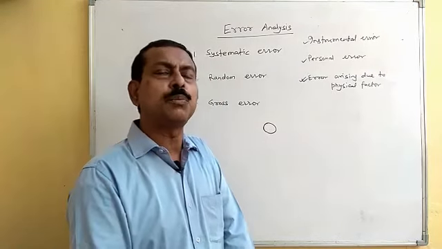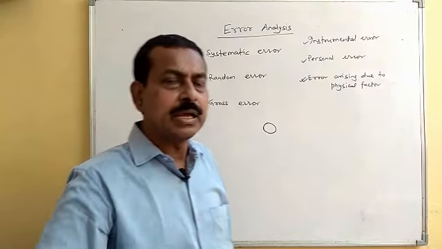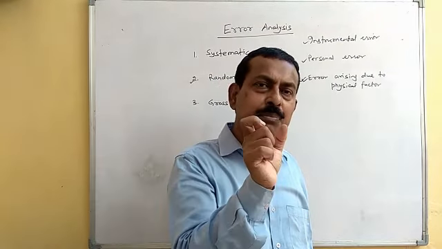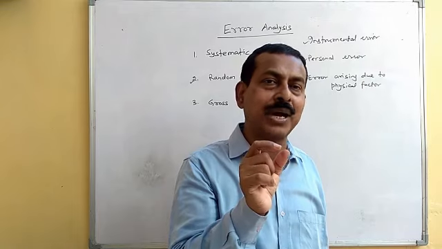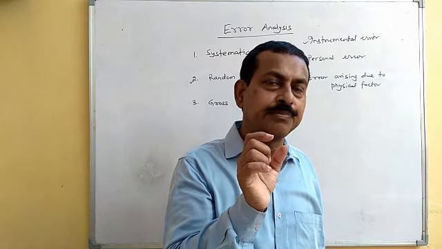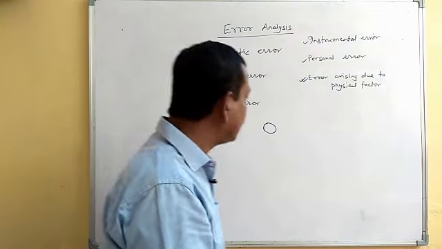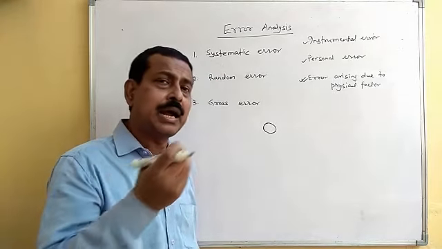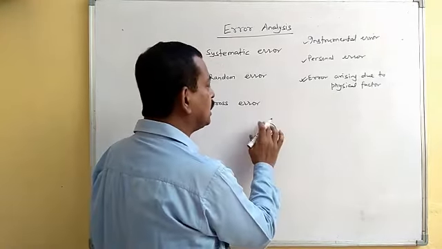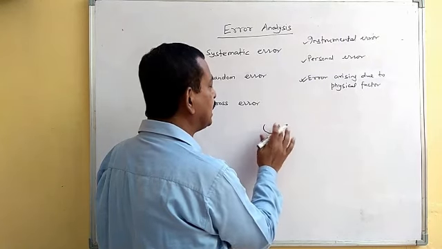Suppose you are using a screw gauge. If you have tightened the screw hard at any particular point while taking measurement, you are basically deforming the wire at that point. So due to mishandling, in one particular direction its diameter value is less.